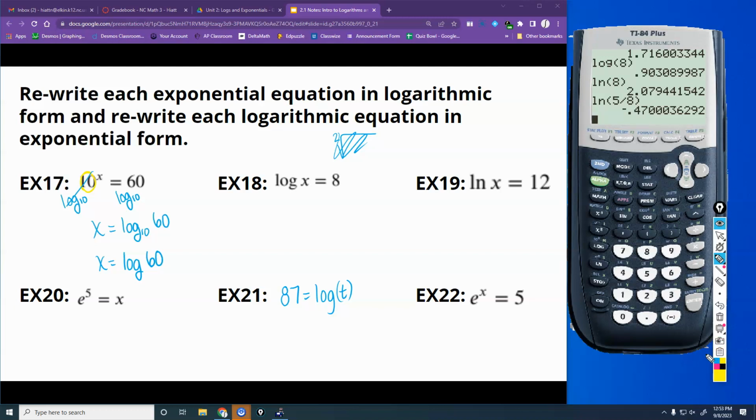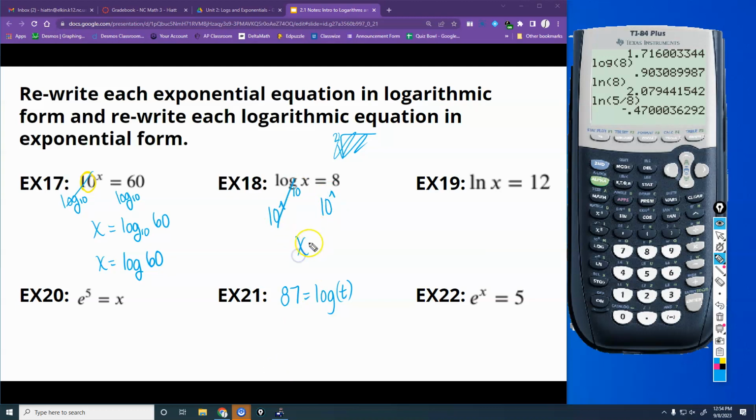All right. 18. On all these problems, we're looking for the base. Where's the base? It's 10. It was much more obvious on the other problems what the base was, but if it is not written and it's a log, you assume it is a 10. So, if I want to get rid of a log base 10, I need to do 10 to the power on both sides.